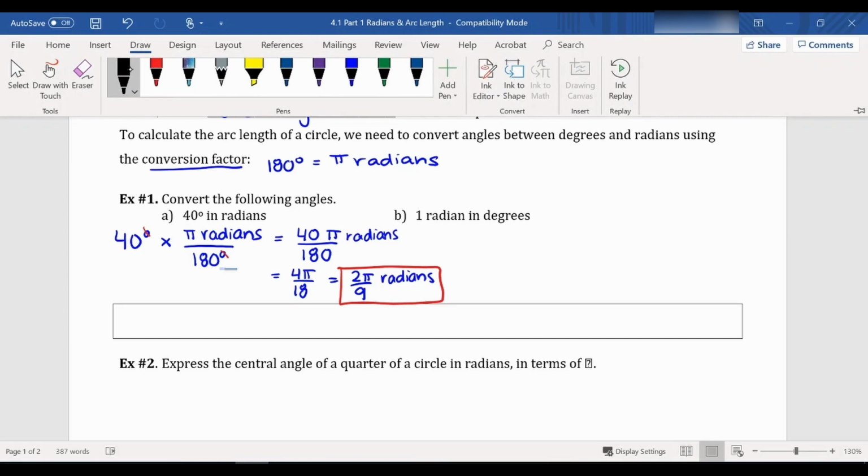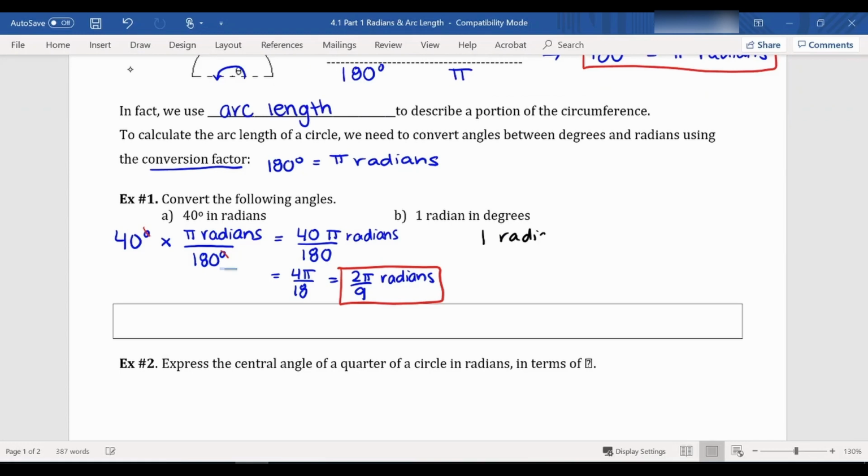What if I wanted to go 1 radian into degrees? So I'm going to take the unit they give us, which is 1 radian, and I need to multiply by my conversion factor. I would be putting my 180 degrees on the top because the units I want to change to are degrees.